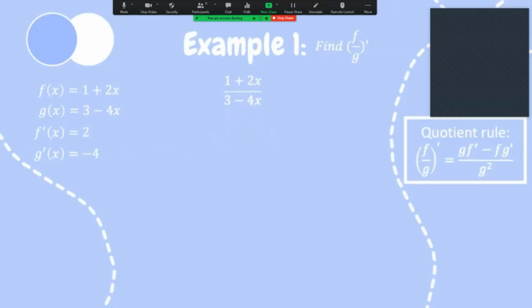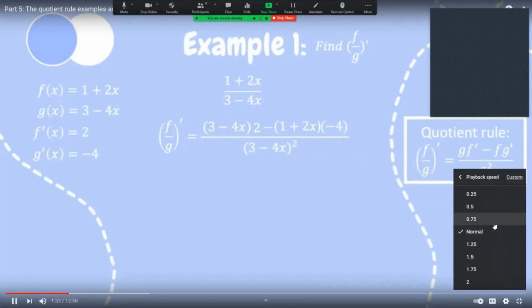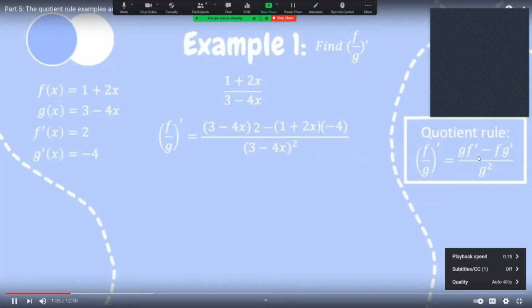Okay, now substitute everything into the equation. So the derivative of f divided by g equals 3 minus 4x times 2 minus 1 plus 2x times negative 4, all divided by 3 minus 4x squared. Now you can multiply all that out. Now do not multiply out the denominator. Never multiply out the denominator. Just keep it the way it is.